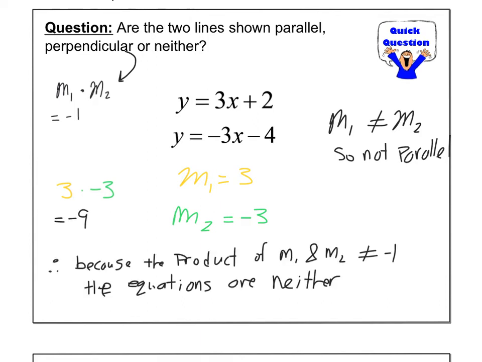So, because the product of the two slopes is not negative 1, they're not negative reciprocals, so the answer is actually neither. I've written a conclusion statement down here: because the product of m1 and m2 does not equal negative 1, the lines are neither.